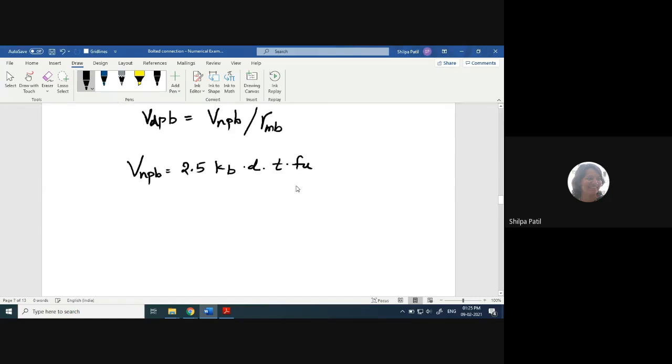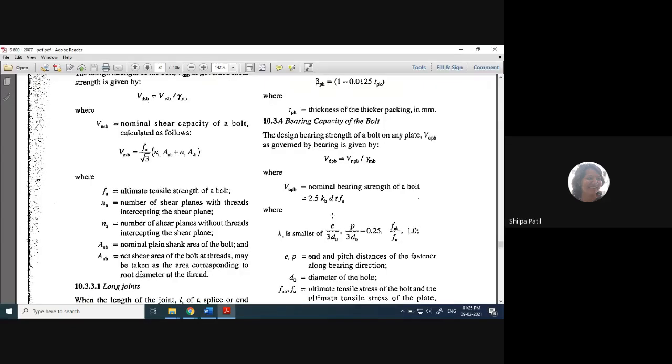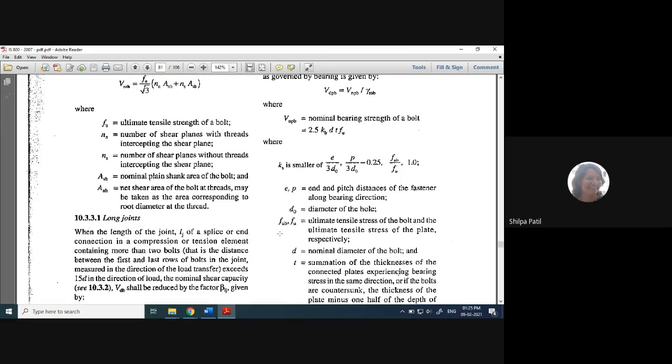Fu, what is Fu as per the code? I will go to the code now. Fub means the ultimate tensile stress of the bolt, and fu is the ultimate tensile stress of the plate or section which we want to connect.